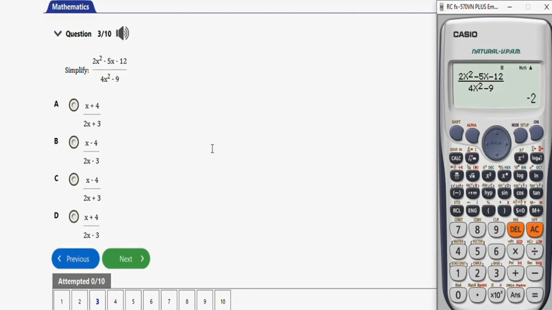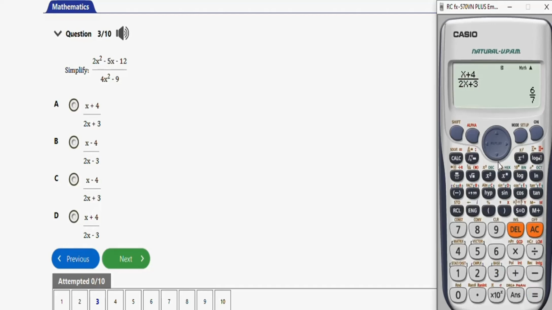Minus 2. So right now we're going to simplify the options. Any option that gives us minus 2 will be the answer to this question. Let's begin with option A. So we have x plus 4 over 2x plus 3.